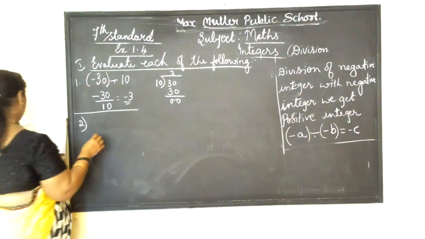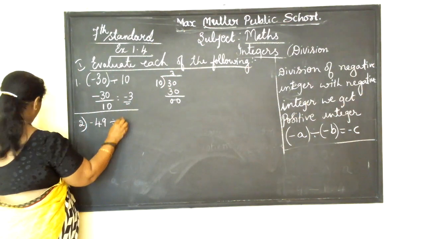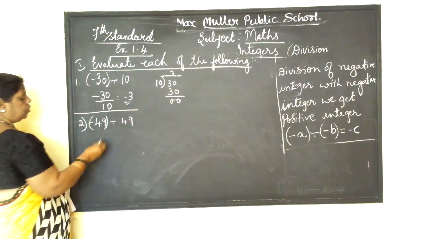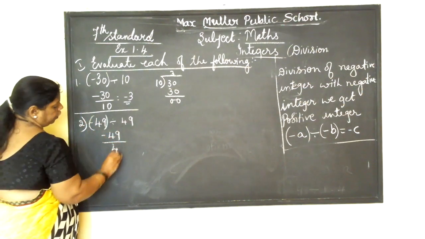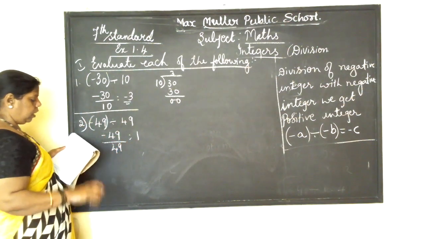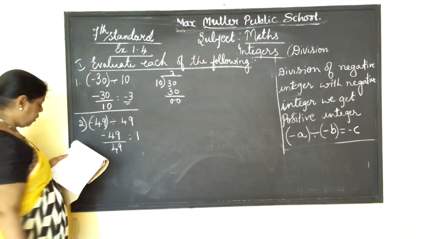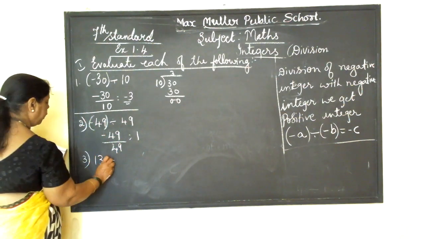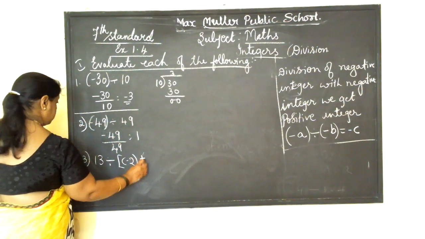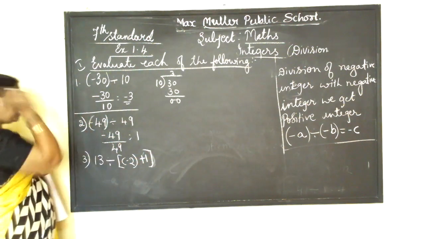Next, minus 49 divided by 49. This one you know, minus 49 by 49 is equal to minus 1. Any number divided by the same number, you get the quotient 1. Next, 13 divided by, see here properly, minus 2 plus 1. See, both the operations are there now.